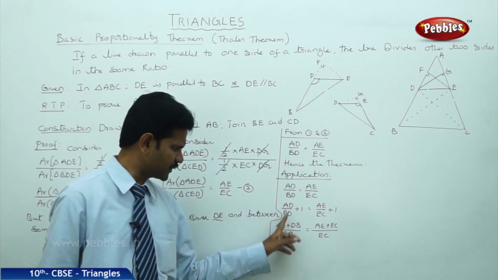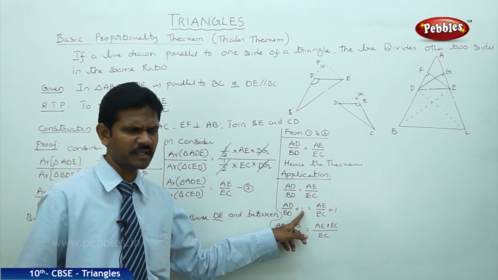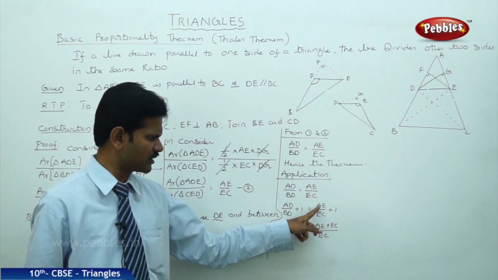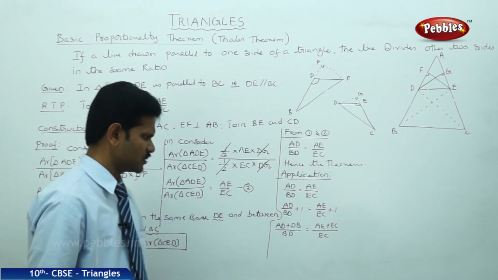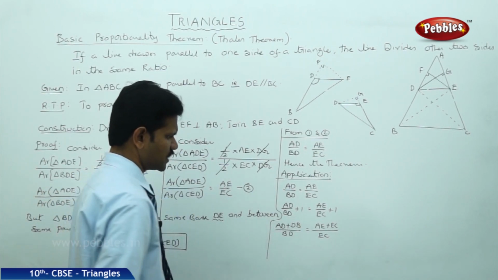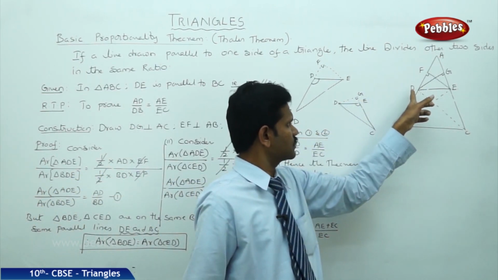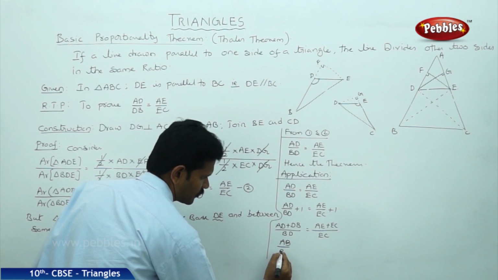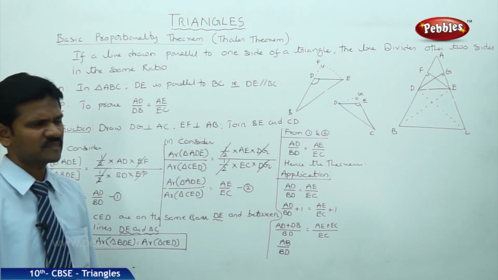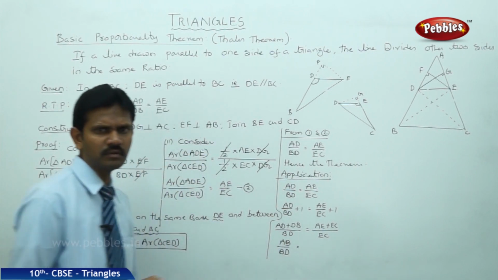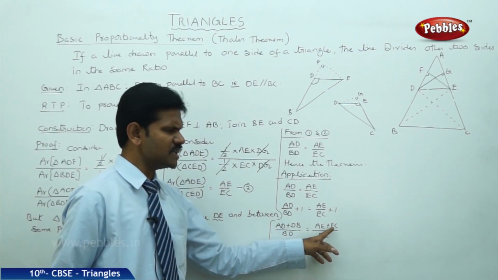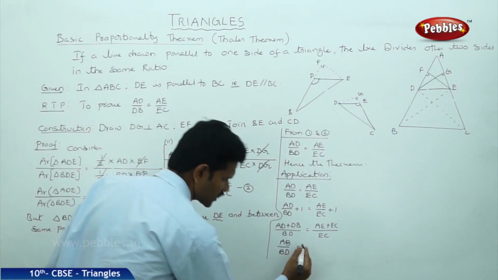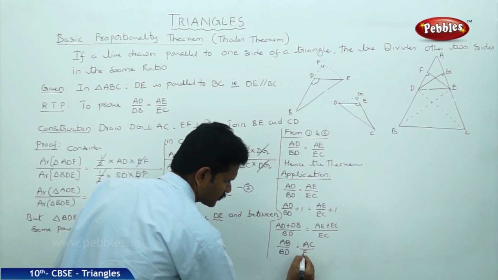That is, AD plus BD into 1 by BD, or DB by BD, is equal to, similarly with LCM EC, AE plus EC into 1 by EC. That is, AD plus DB, from the diagram, is AB by BD, which is equal to AE plus EC, that is nothing but AC by EC.